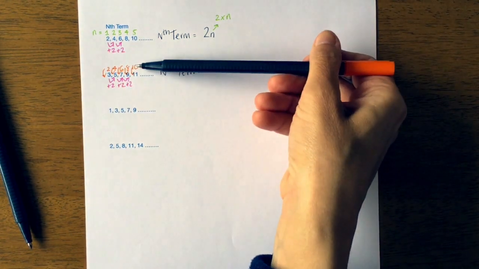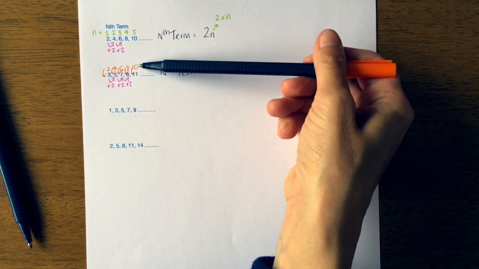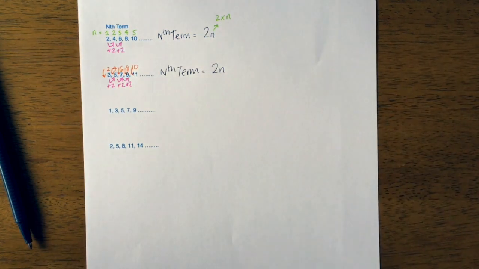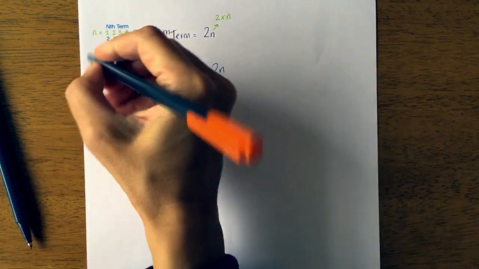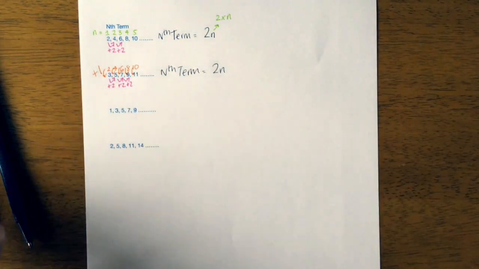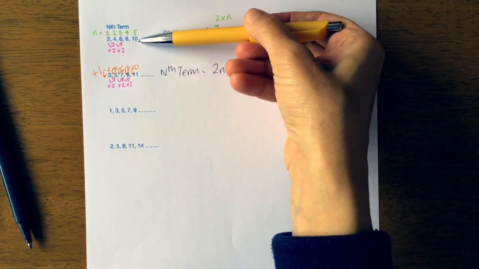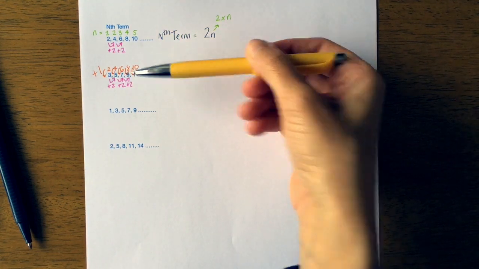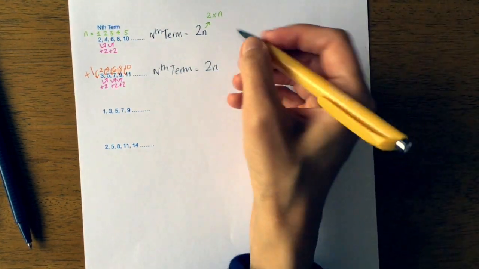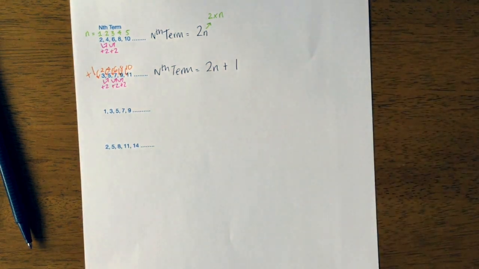Obviously, I can see that each number here has had 1 added to it. So it's plus 1. So to change our sequence from 2, 4, 6, 8 into 3, 5, 7, 9, 11, I would have my 2 times table and I would add 1 to each term.